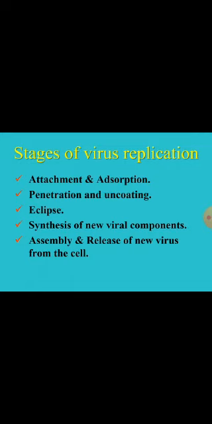First, attachment of the virus and adsorption to the host cell. Then, penetration of the virus and uncoating. After that, eclipse phase and synthesis of new viral components. And finally, assembly and release of new viruses from the cell.